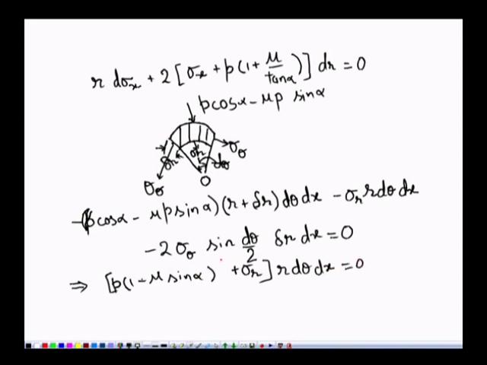Here we have neglected the higher term because alpha is small, so we can say that sigma r is nothing but equal to minus p (1 minus mu sin alpha).